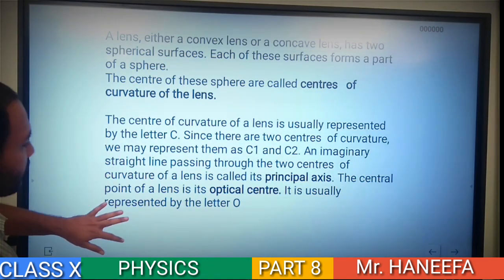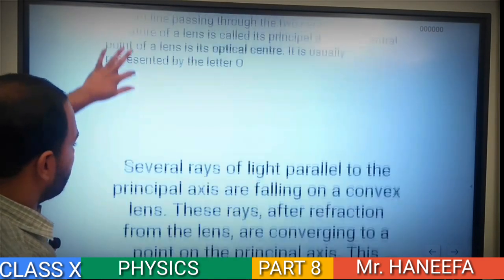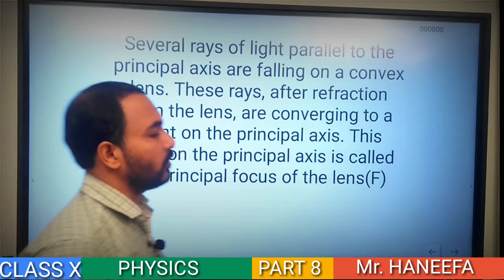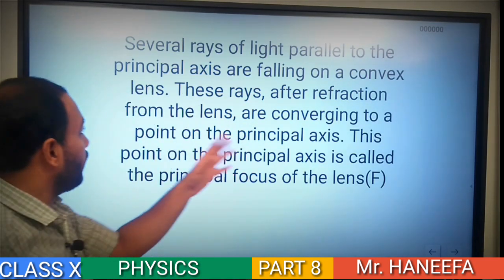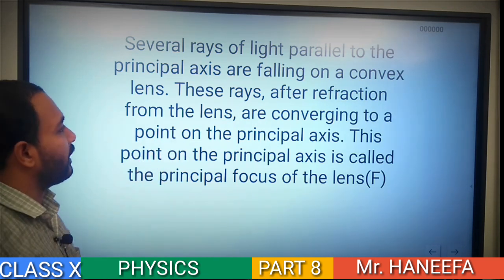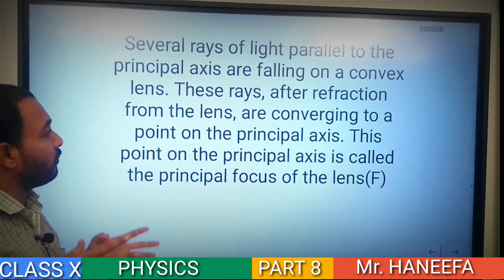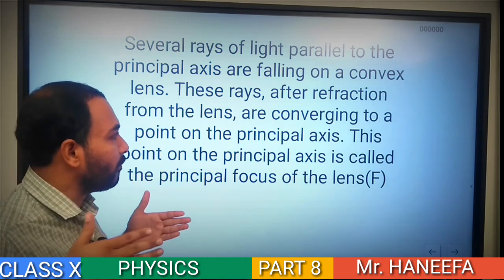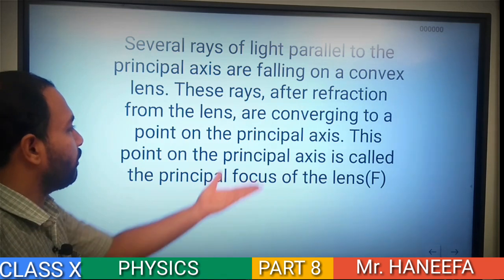So we discussed these three terms. Next, several rays of light parallel to the principal axis are falling on a convex lens. These rays after refraction from the lens are converging to a particular point. All are meeting at a particular point on the principal axis.